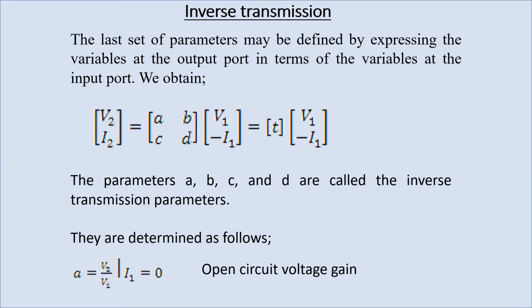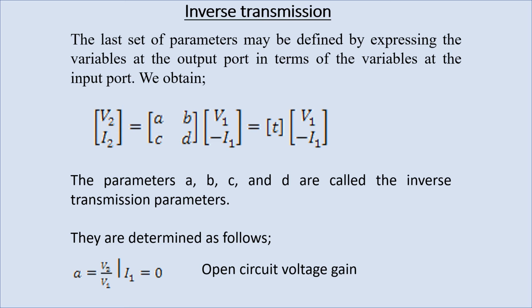Now, the last parameter of the two-port network, the inverse transmission parameter, is represented by small letter t. Note the transmission parameter itself, also called capital letter A, B, C, D parameters, can be represented by capital letter T, and the inverse transmission parameter can be represented by small letter t and also small letter a, b, c, and d.